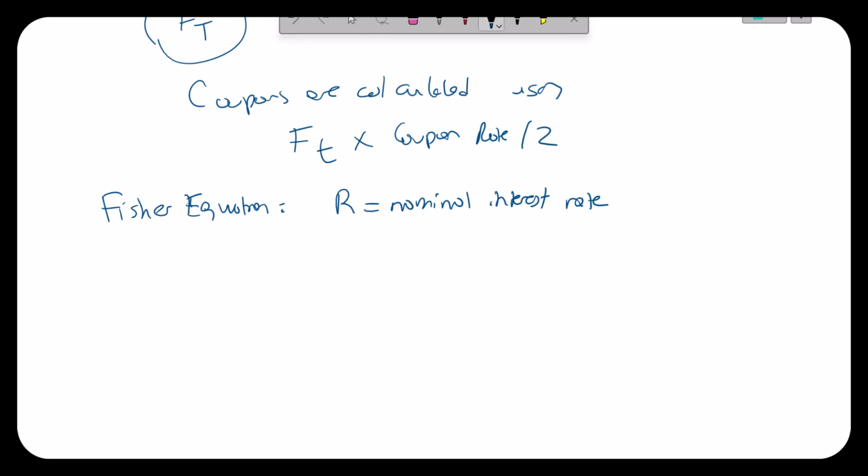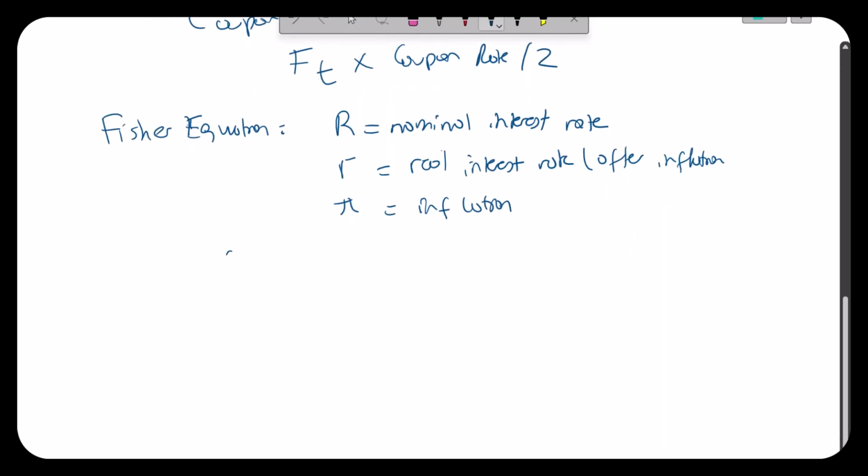With the little r, real interest rate, this is after inflation, and pi is the inflation rate. These three are tied to each other with the Fisher equation. 1 plus nominal is equal to 1 plus real times 1 plus pi.